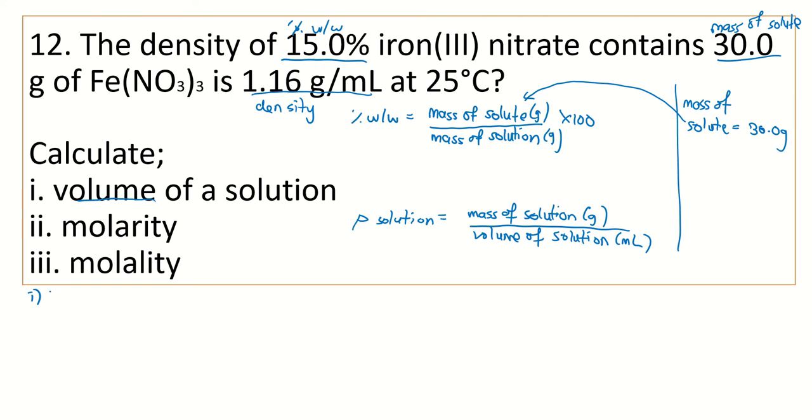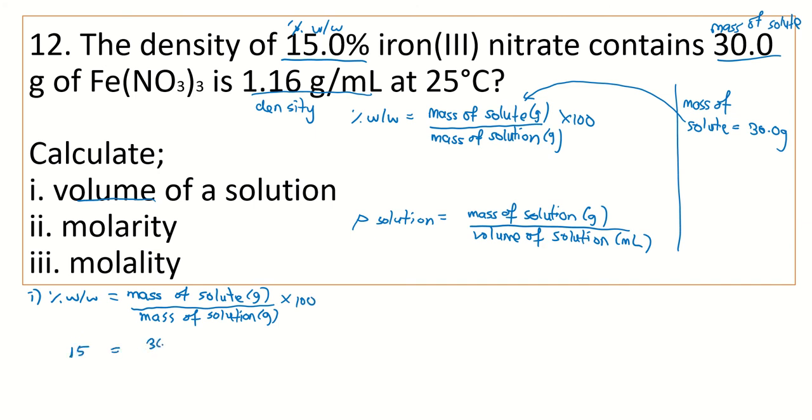Then in your answer paper, the first thing you should do is write the formula of percentage by mass: mass of solute in gram over mass of solution in gram times 100. Then substitute the value of percentage by mass, which is 15.